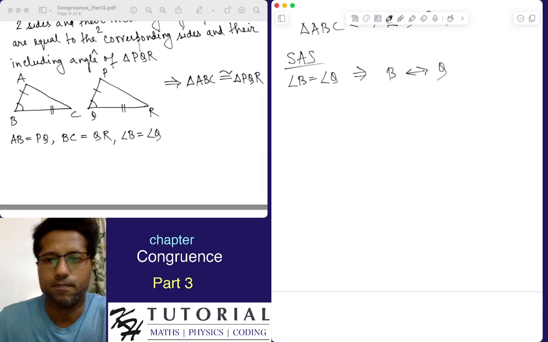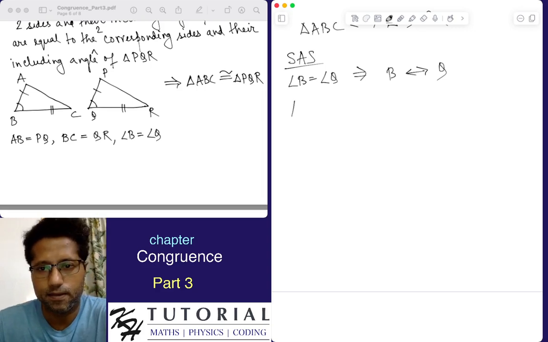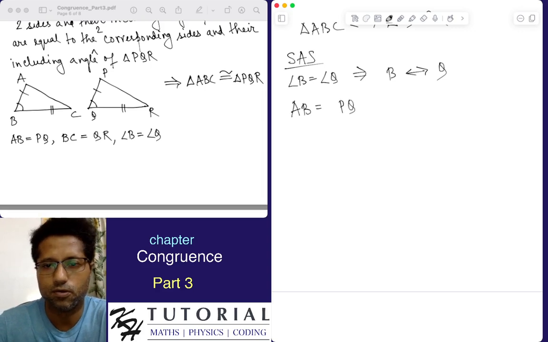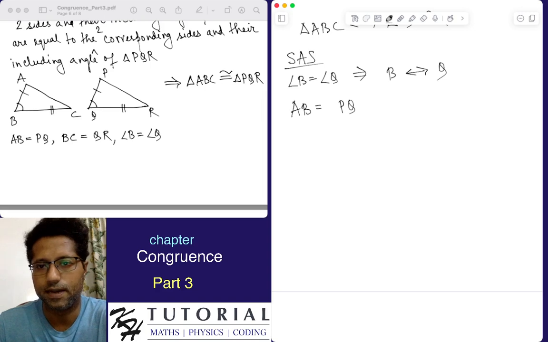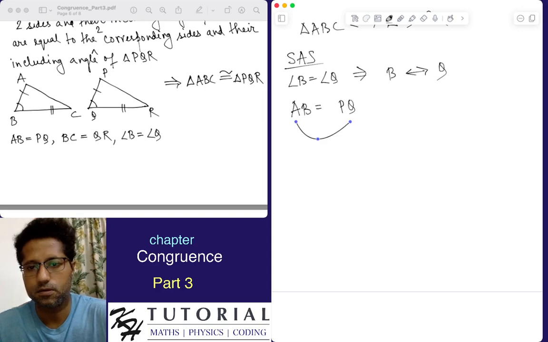So the thing is, you know that AB is equal to PQ. I know that B is mapped to Q, and it is also given that AB is equal to PQ. In this AB equals PQ, if I leave B, I know B is mapped to Q. So automatically I will know that A is mapped.